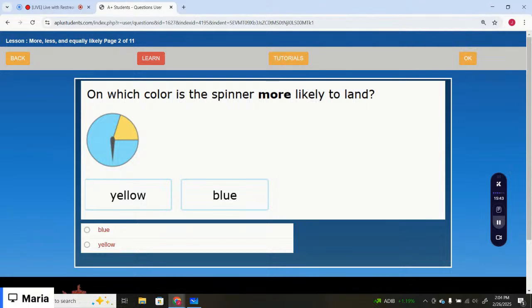On which color is the spinner more likely to land? So which is the correct option? So the spinner has yellow and blue color. So it will more likely land on blue, because most of the portion on the spinner is blue.